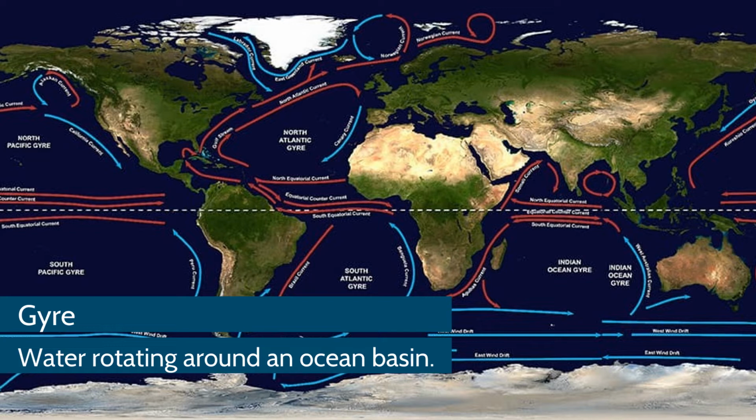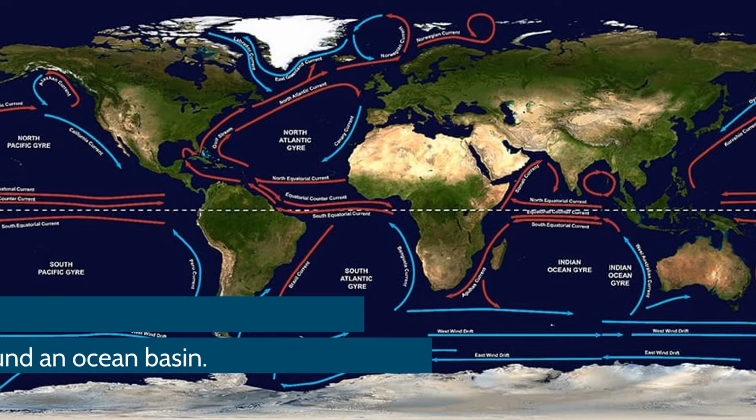Hooray for gyres. And gyrate. You've heard gyrate. It means like rotate. It means like shake your hips. Gyrate. Okay, gyration is to spin, and that's what's happening in the ocean. So we call it a gyre. So these gyres form. Every oceanic basin pretty much forms a gyre.